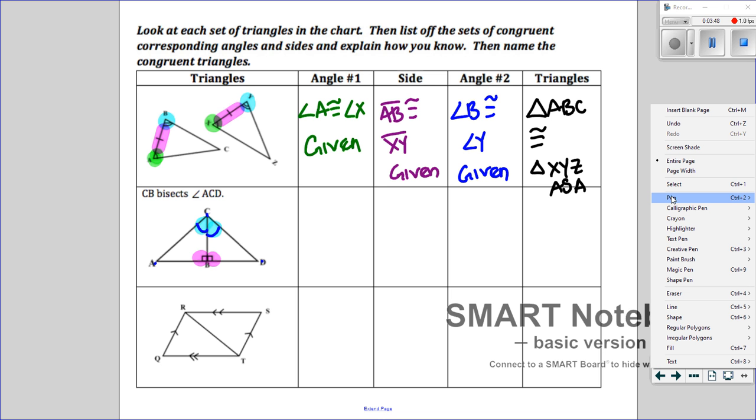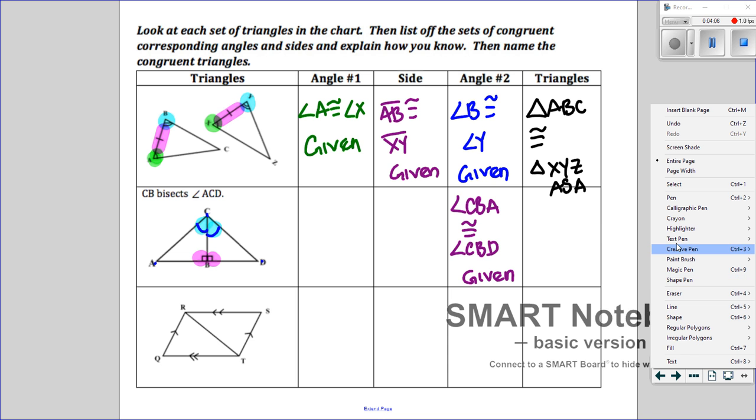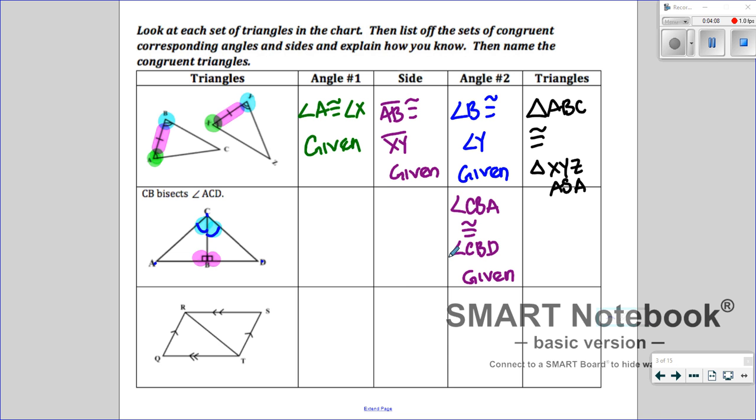And actually, I'm going to start writing the information. So this was the second angle. That angle is CBA, which is congruent to angle CBD, and that's given. And the angle that was in blue, because CB bisects them, makes them congruent.